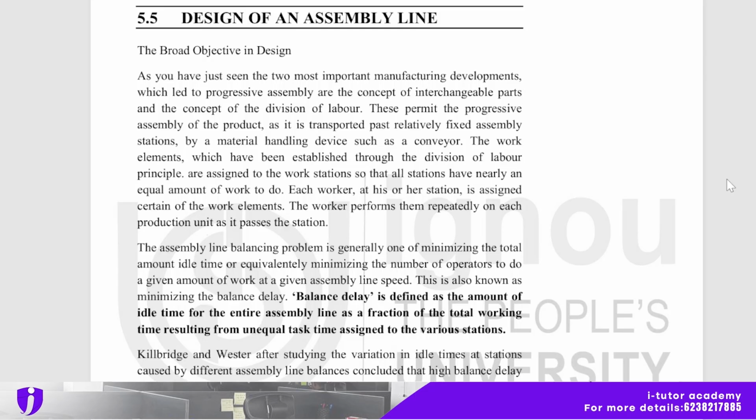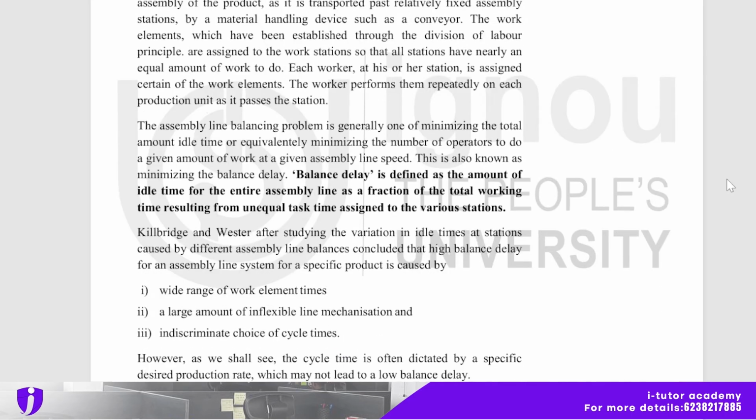The work elements which have been established through the division of labor principle are assigned to the workstations so that all stations have nearly an equal amount of work to do, and each worker at his or her station is assigned certain of the work elements. The worker performs them repeatedly on each production unit as it passes the station.